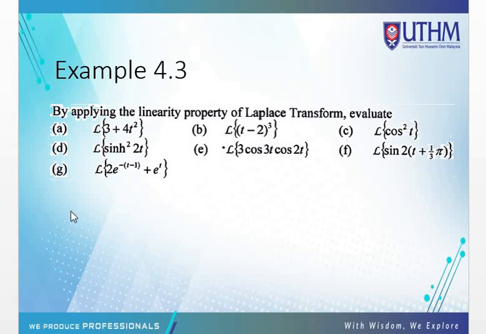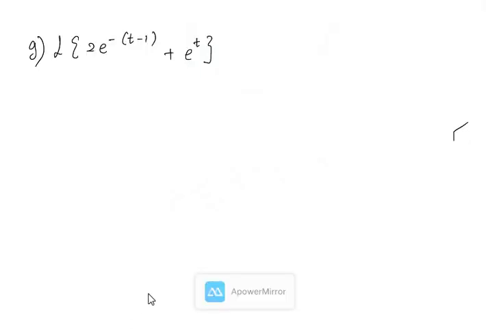And then last question, we have the Laplace transform of 2 e to the power of negative (t minus 1), plus e to the power of t. Okay, so we can rewrite it into the Laplace transform of 2 e to the power of negative t plus 1, right?